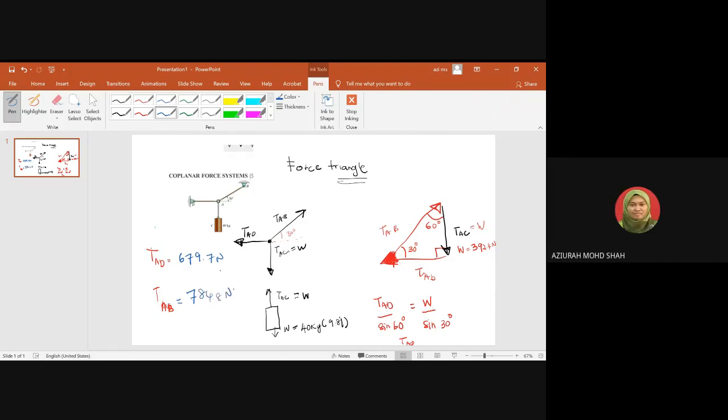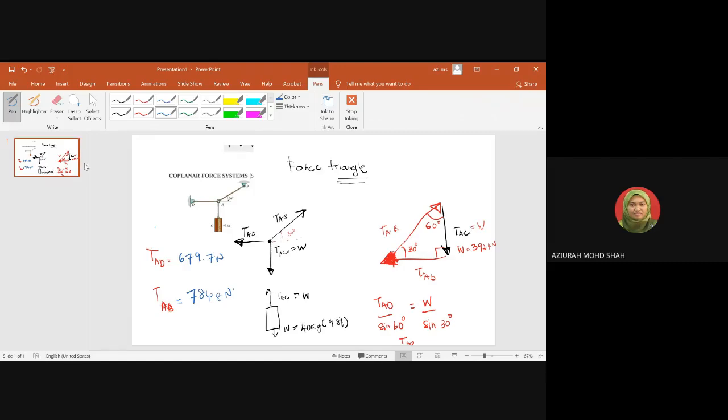Okay, so you have two ways to get the value. Either you use rectangular component or force triangle. This is the one in the video I gave yesterday. I gave you both methods, so you can choose which method you think is easier for you.